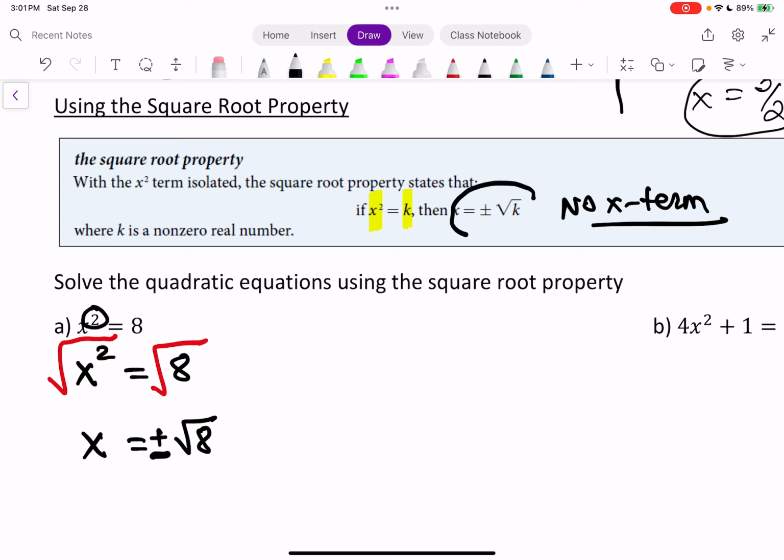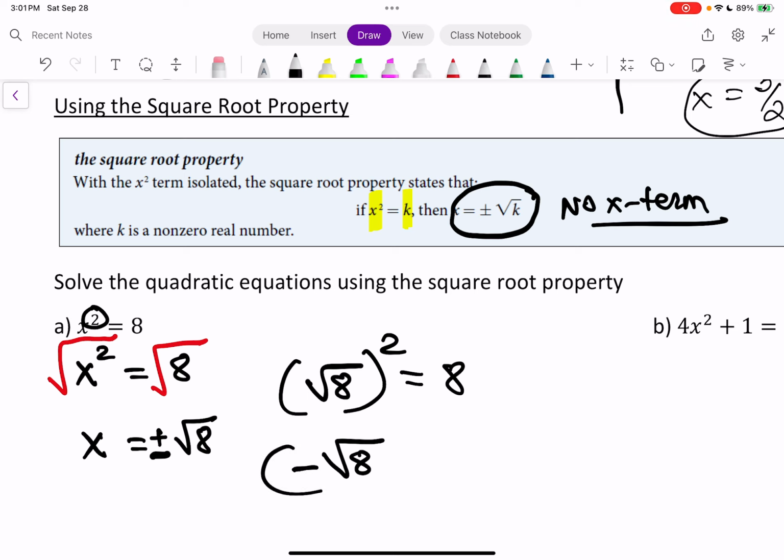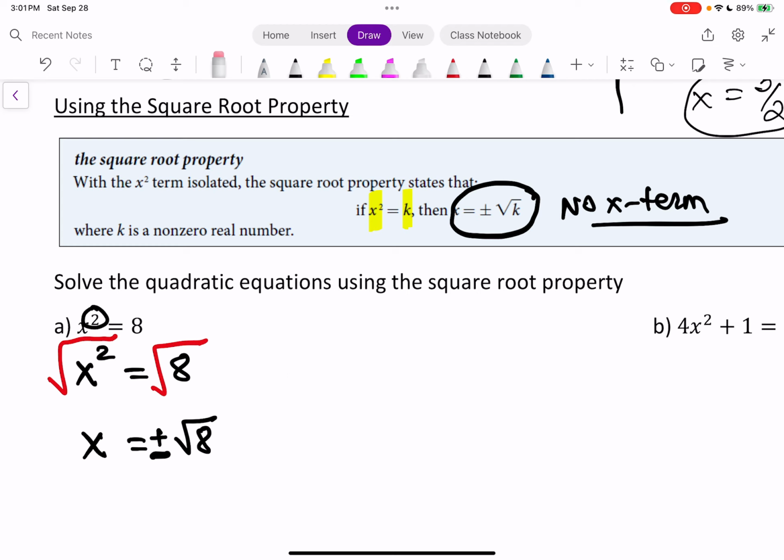Here it is. Because if I square the square root of 8, what do I get? Well, 8. What happens if I square the negative? Well, a negative times a negative also gives me a positive. So therefore, you get two answers, but don't forget to put the plus and the minus to it.